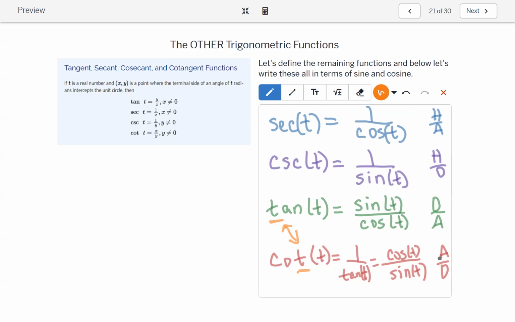Then for our secant and cosecant, when people write secant and cosecant and ask which one's the reciprocal of which, this is where people will get kind of flustered. It would be really nice if secant was the reciprocal of sine and cosecant was the reciprocal of cosine, but they're not. So it's kind of backwards.